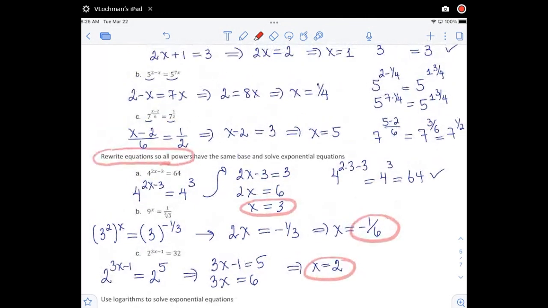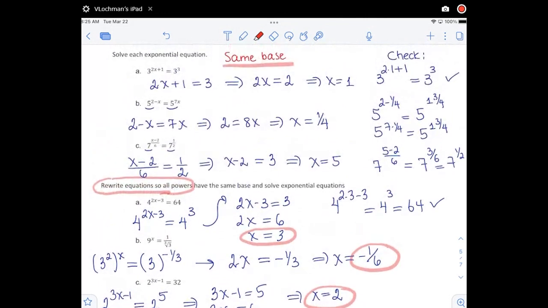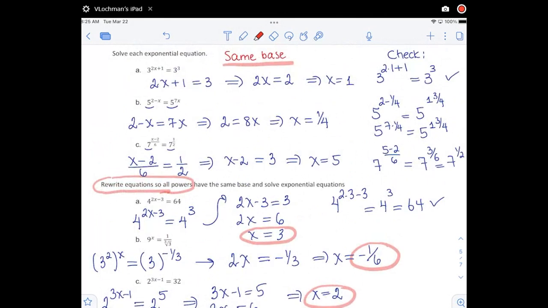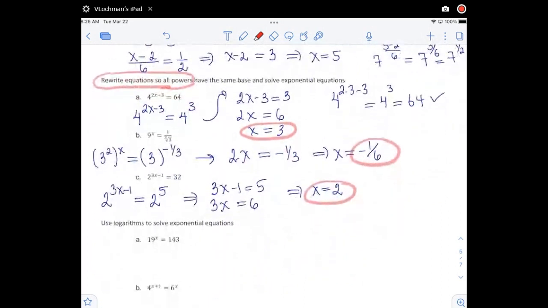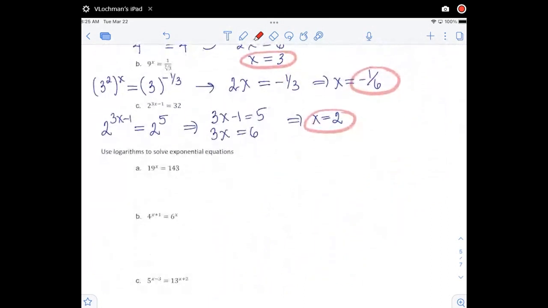All right, so we have two types so far where we have the same base right away. If not, inspect your equation and see if the numbers look like they could be of the same base. Then the last type is a little bit less intuitive.